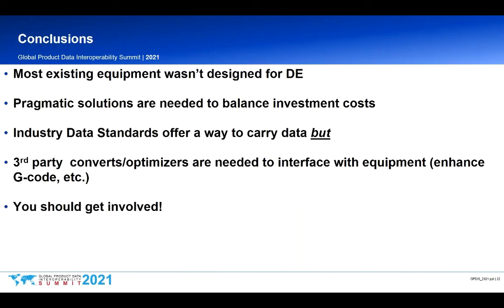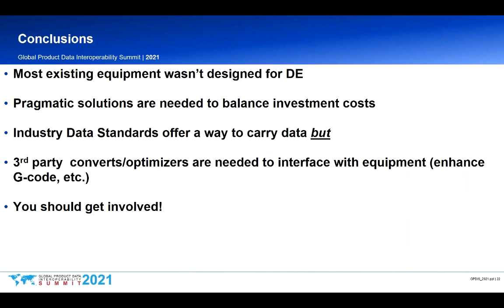So what do we learn from all of these pragmatic implementations? It really is that the equipment wasn't designed to work in this digital enterprise space. So we do need to come up with ways to make it work for right now, and we can.